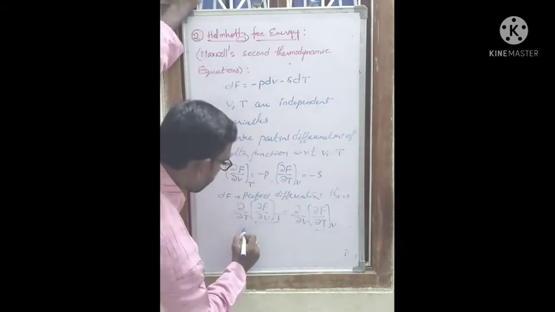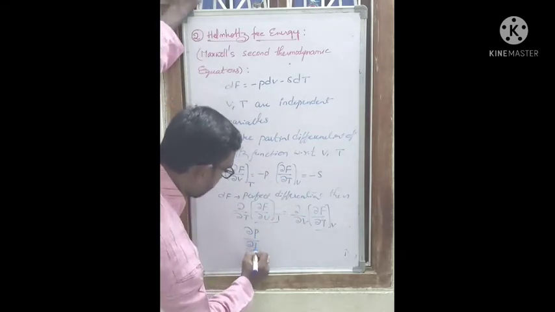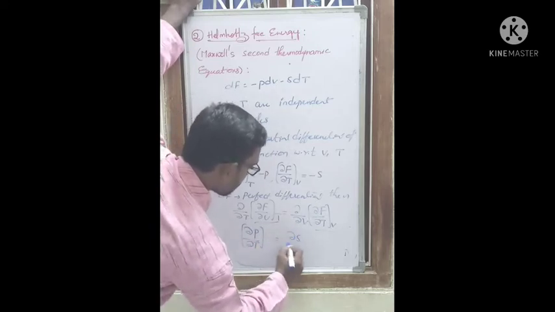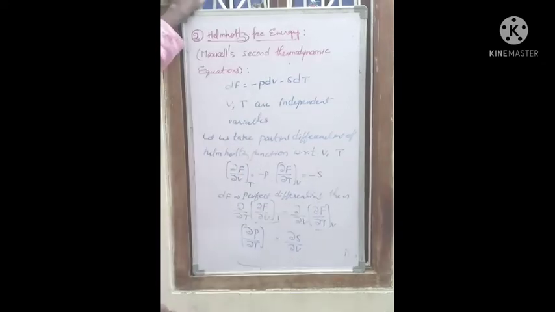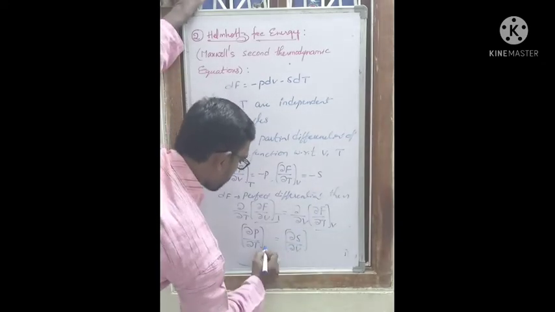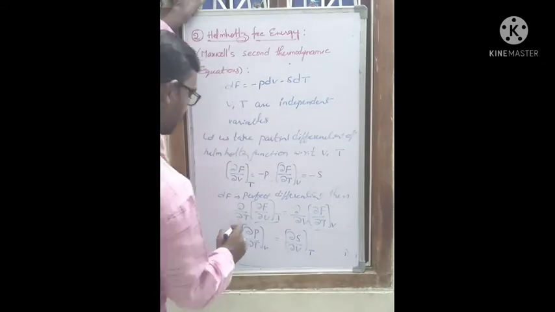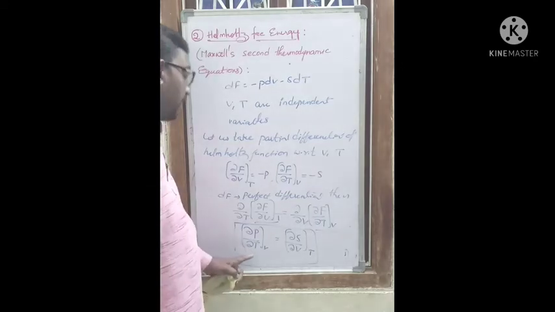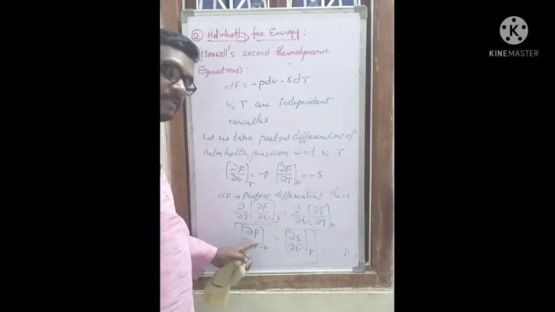Then finally we'll get ∂P/∂T at constant volume equal to ∂S/∂V at constant temperature. This is the equation which represents Maxwell's second thermodynamic equation.